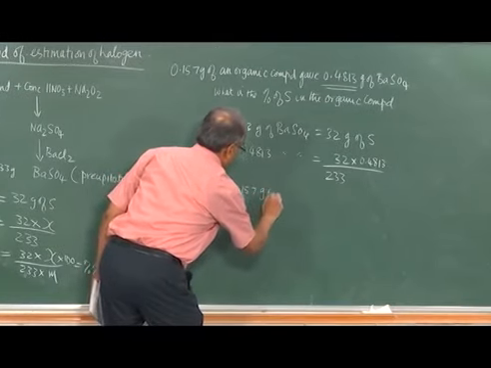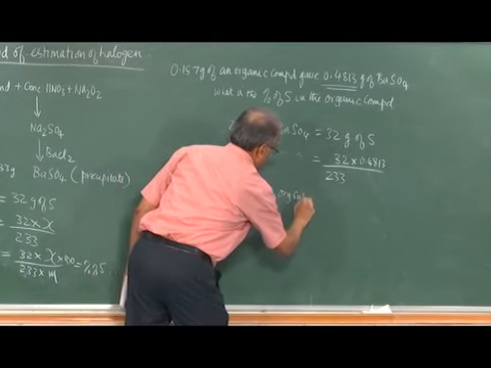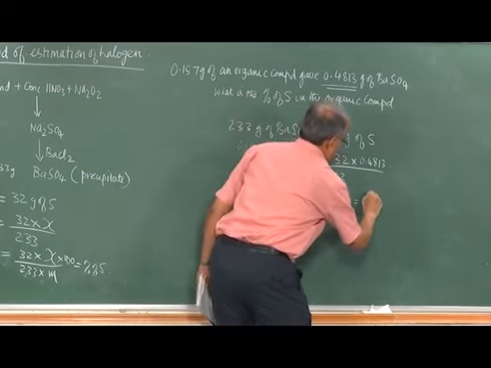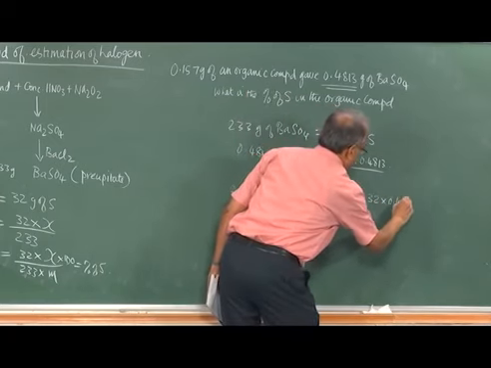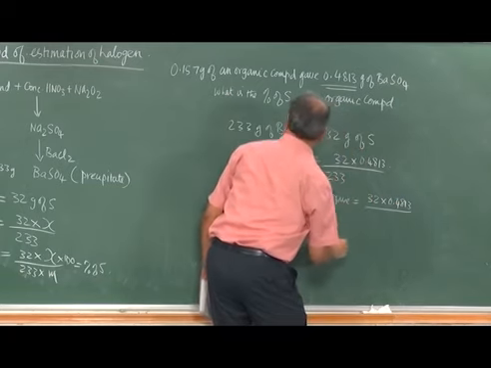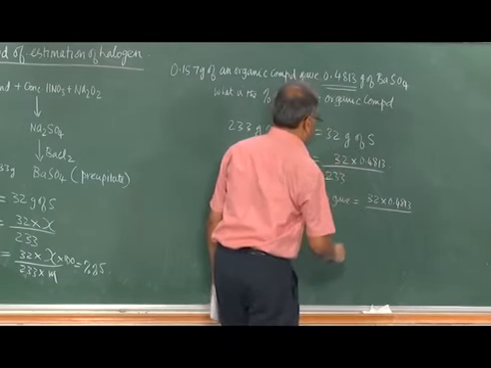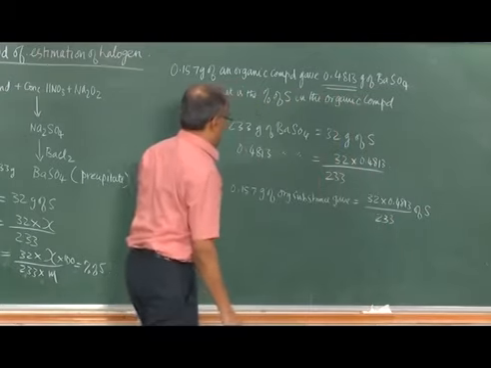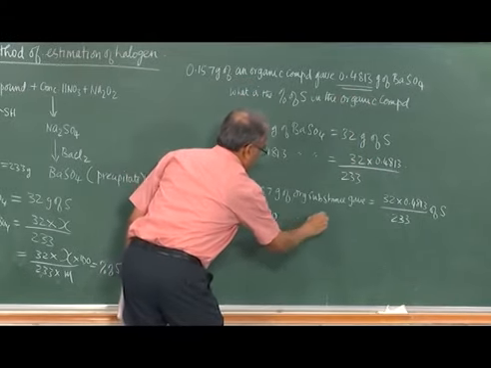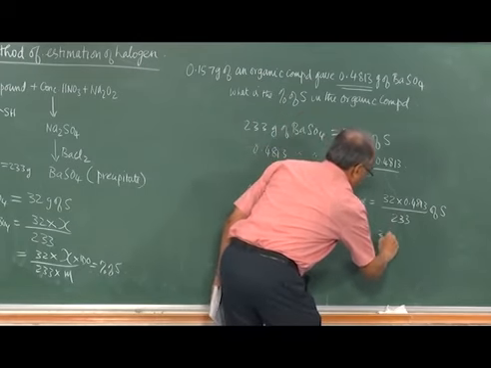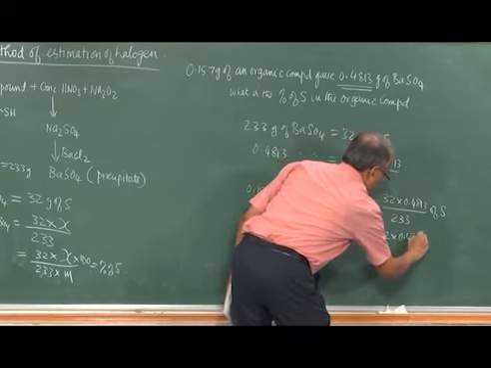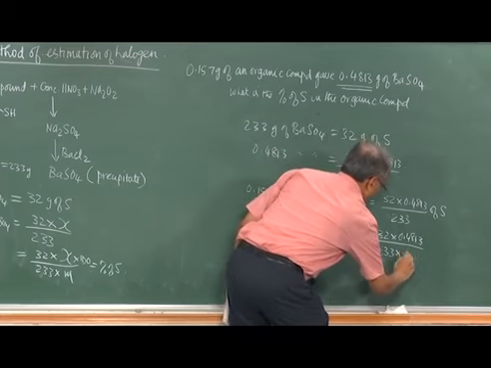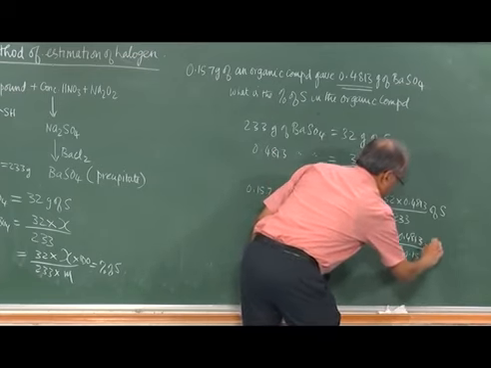0.157 grams of organic substance gave this many grams of sulphur. 100 grams of organic substance will give 32 multiplied by 0.4813 divided by 233 multiplied by 0.157 multiplied by 100.